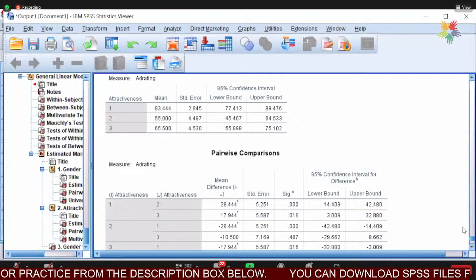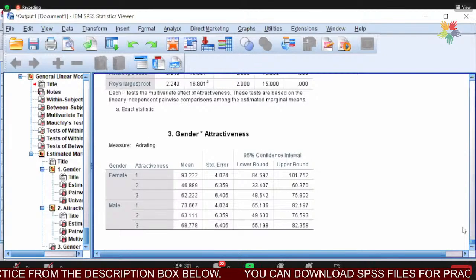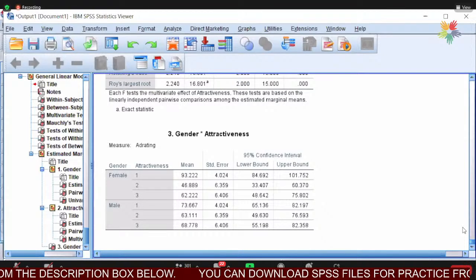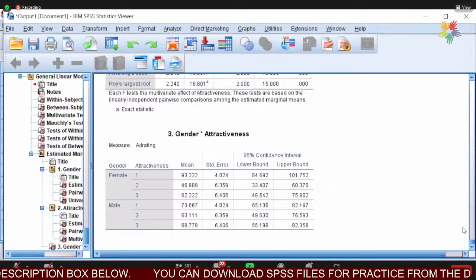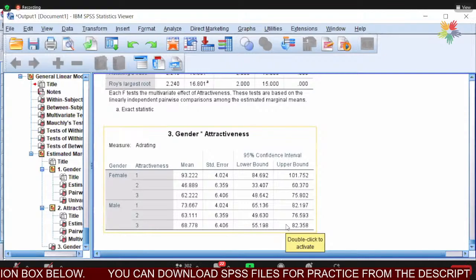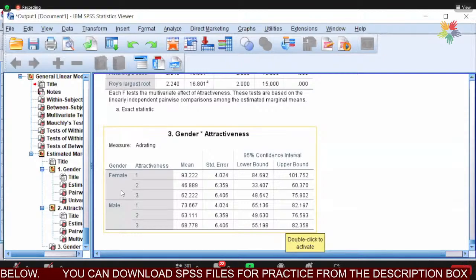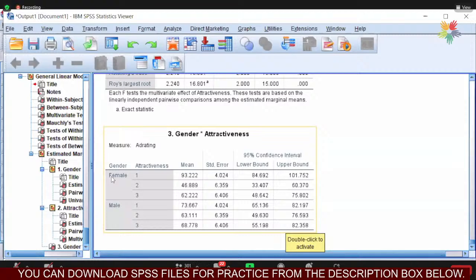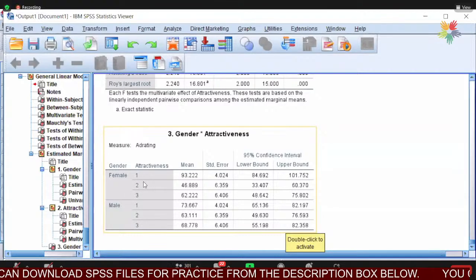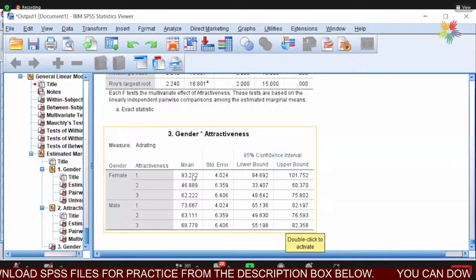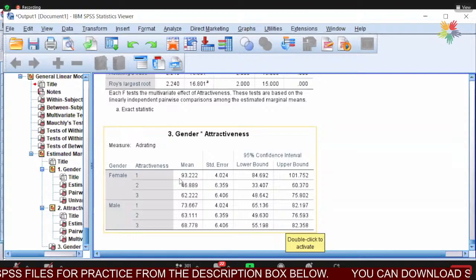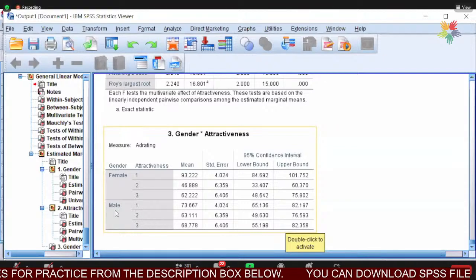Now interestingly, this is the important part. We said there is an interaction effect. Take a look at this. Female, right? For the family size car, they have given a very high rating when compared to male.